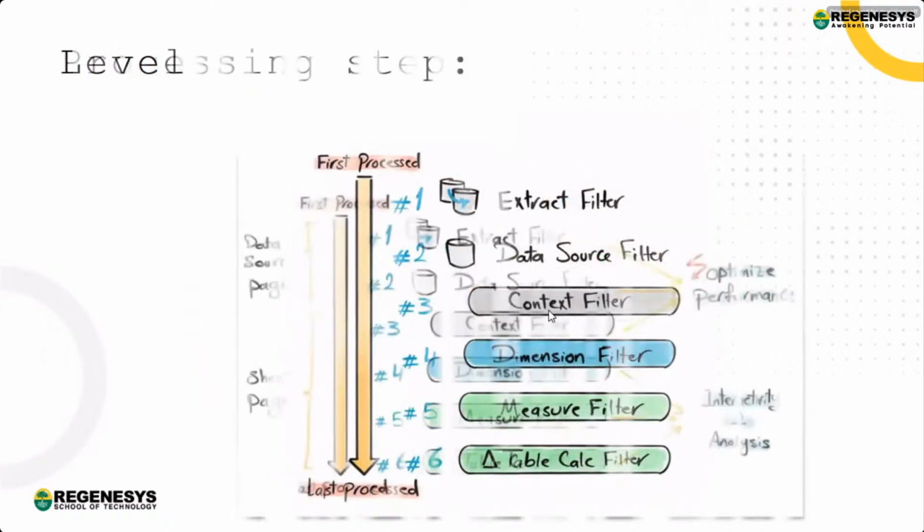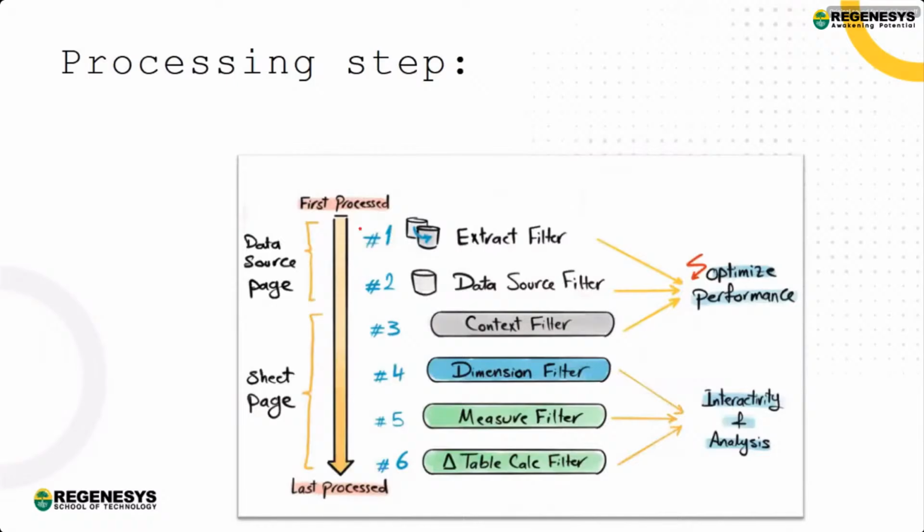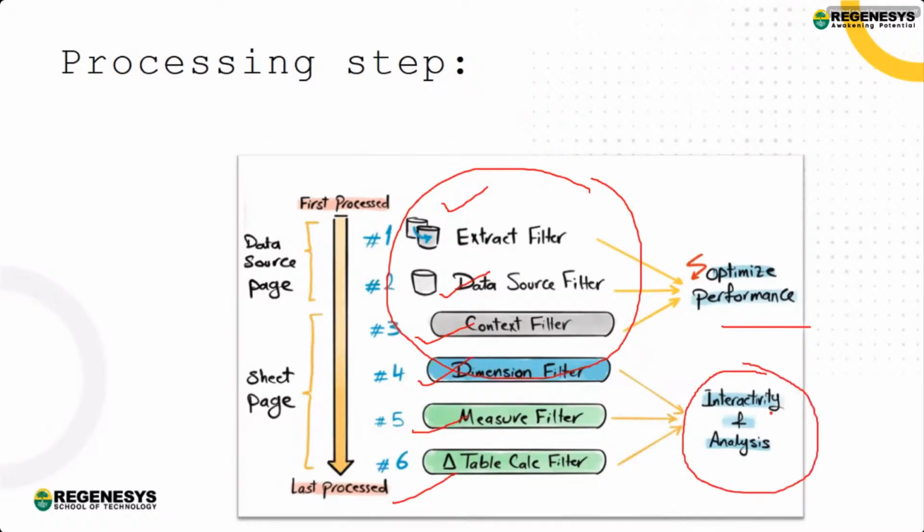Afterwards, we have seen how it gets processed. It gets processed in this order only. First the extract gets processed, then data source, then context filter, dimension filter, measure filter, and table calculation filter. The first three are used to optimize performance, whereas the next ones are always for interactivity and analysis.